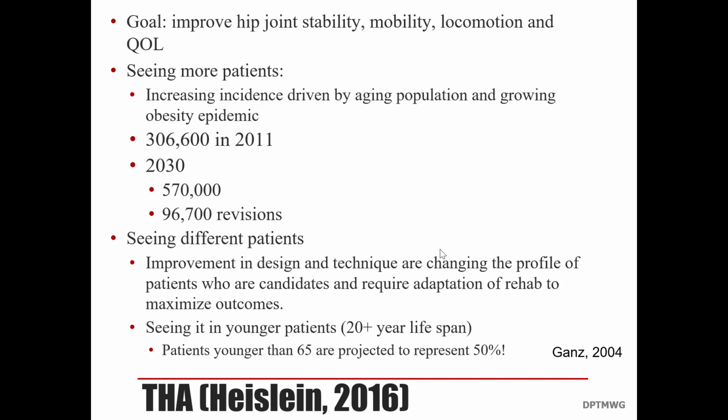We are also seeing a different patient demographic that are creating a change in surgical technique, thus requiring adaptation of rehabilitation. We are seeing patients much younger. In fact, those under 65 are projected to represent 50% of those receiving THA.